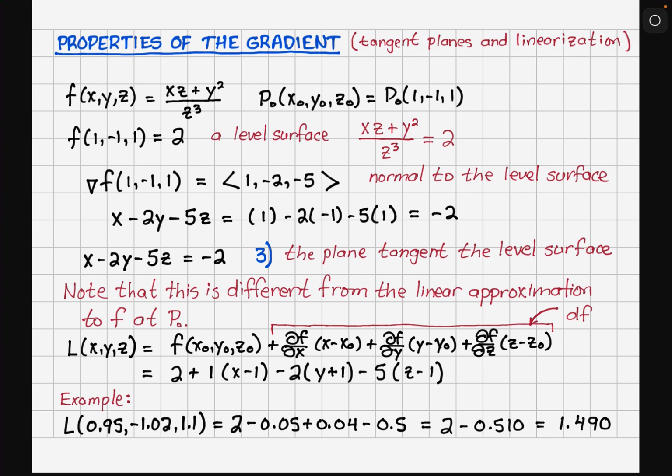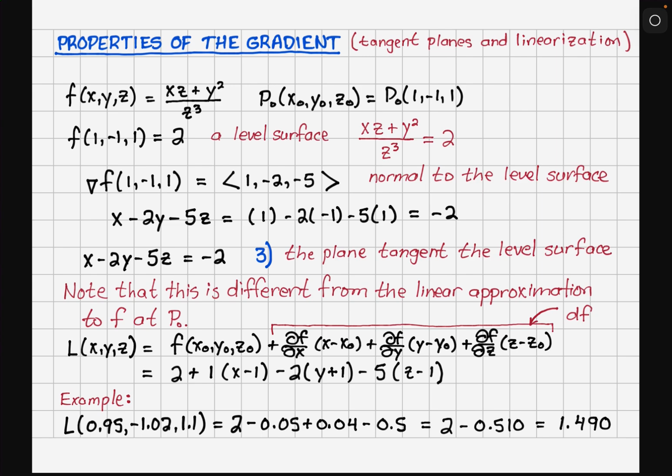But I've already calculated the differential, the partial f, partial x, partial f, partial y, partial f, partial z. And so if I insert the values of x naught, y naught, and z naught, I have the linear function that approximates f best at the point (1, -1, 1).